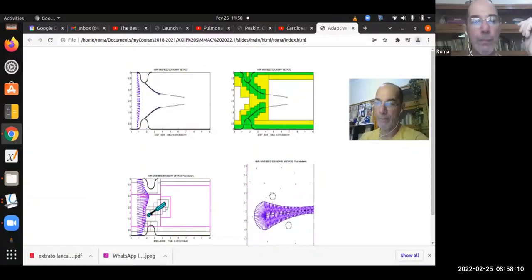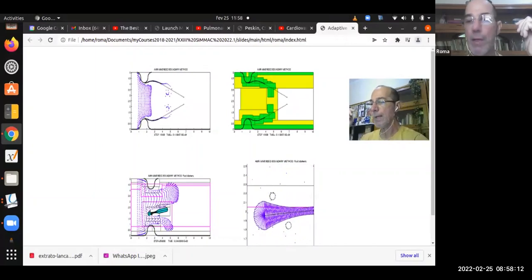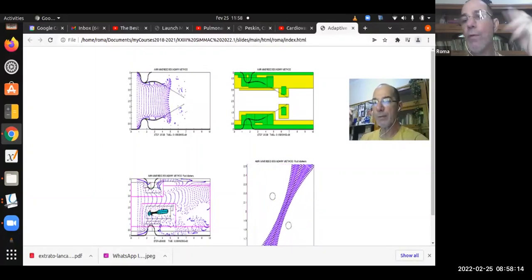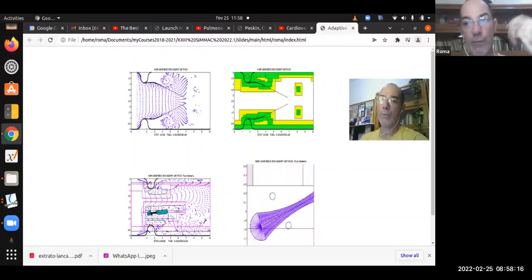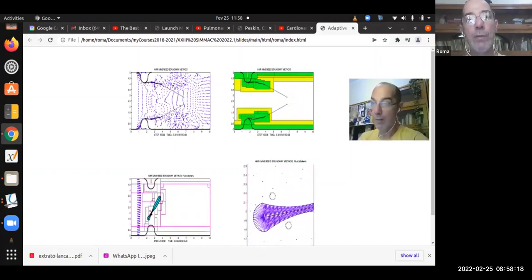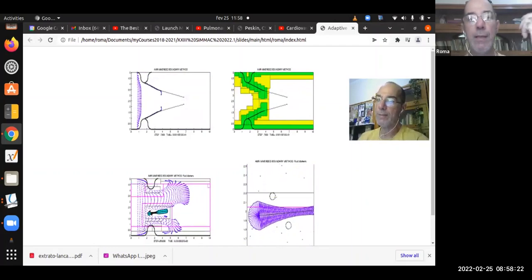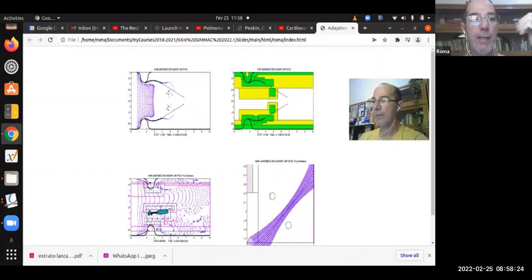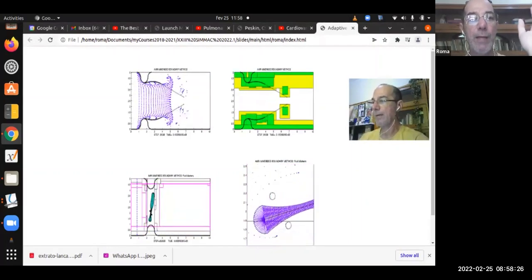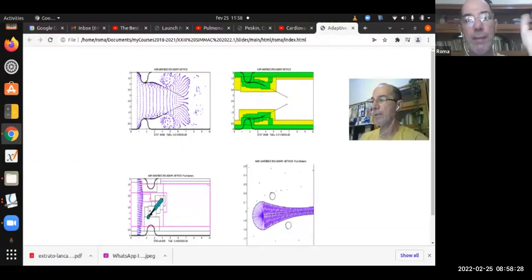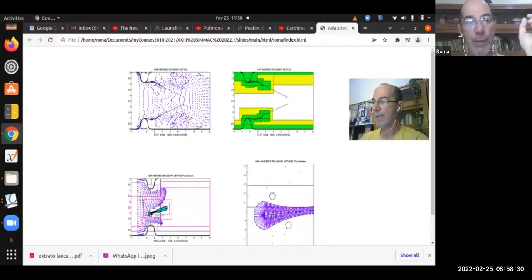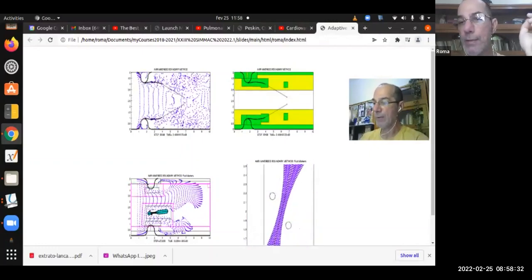Okay, and here you have markers that flow with the fluid velocity, and you can observe formation of vortices and everything. So behind the cushions you have vortices. Here you have perhaps formation of jets.